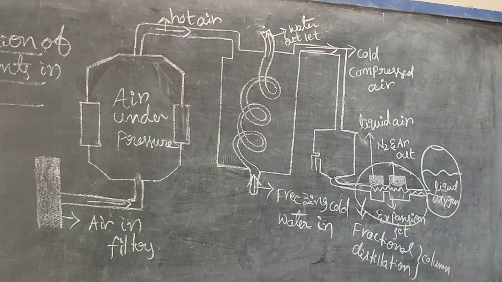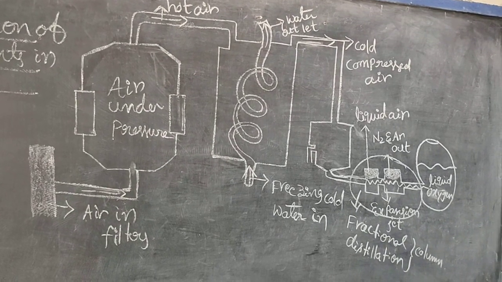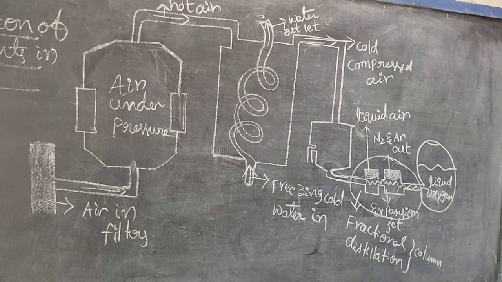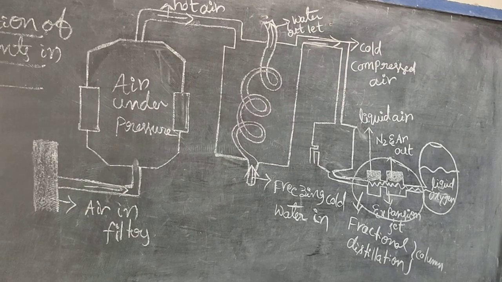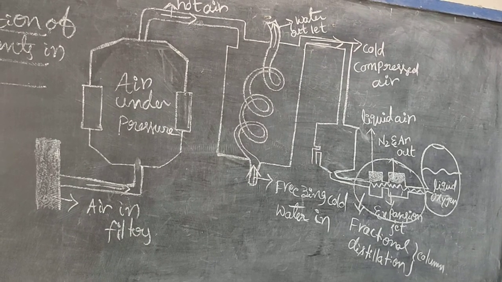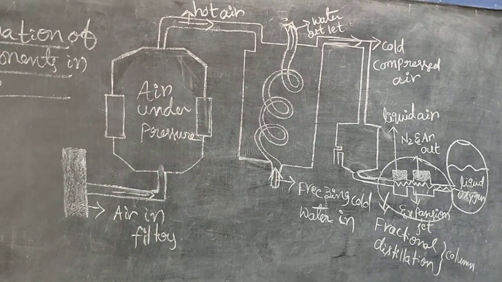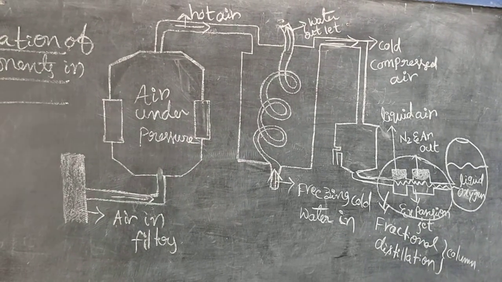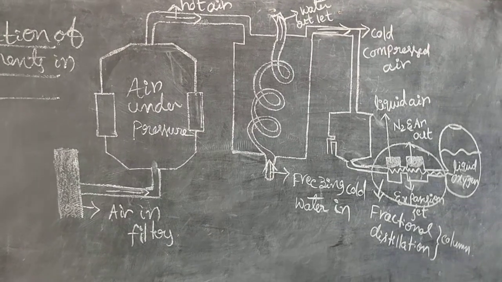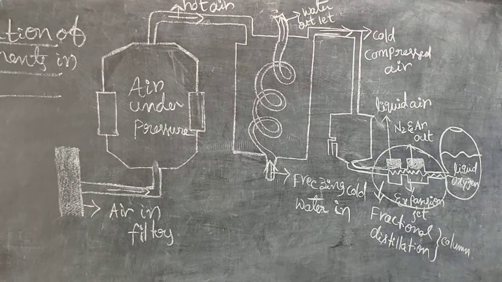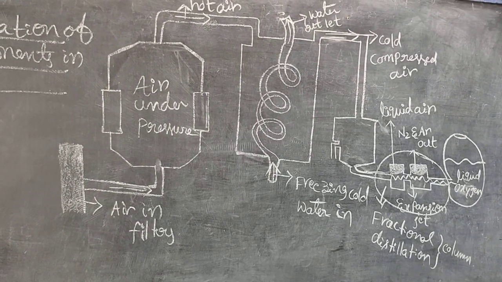And finally, if you observe carefully, that is a mixture of all gases, and from that we can separate the oxygen. Do you understand? So see, what is the first one? Air under pressure is the first column, and the second column has freezing cold water in one part and the water outlet in another part.